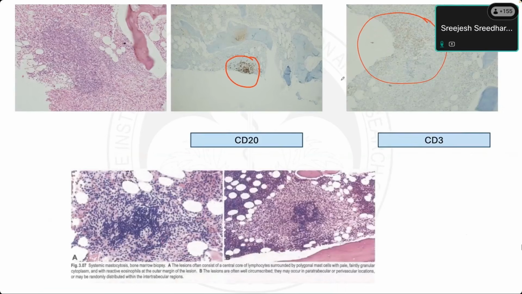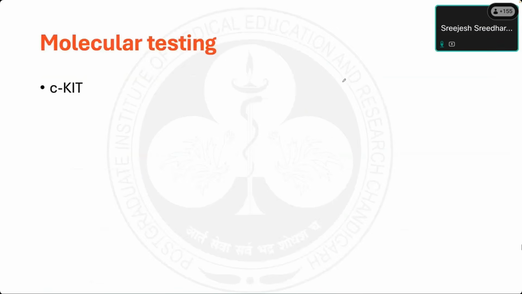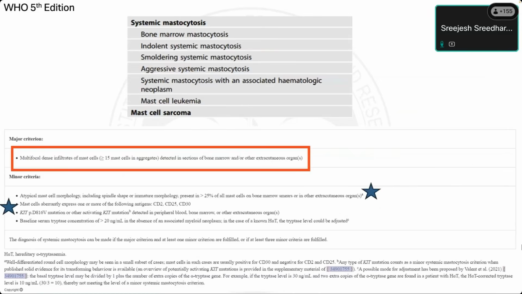You need not be alarmed by the presence of lymphoid aggregates; bone marrow mastocytosis especially is very frequently associated with reactive lymphoid aggregates. You have to go for molecular testing if possible, because c-KIT mutations are frequent in systemic mastocytosis. I'm not going into the theory of systemic mastocytosis and how to classify it. You can read it; the WHO describes it in much detail.